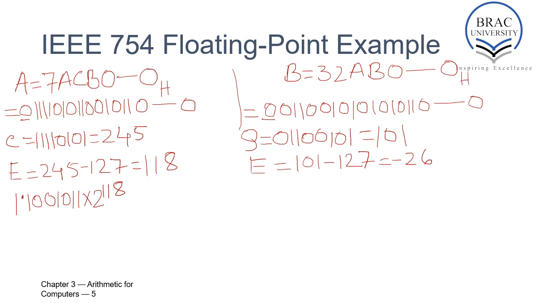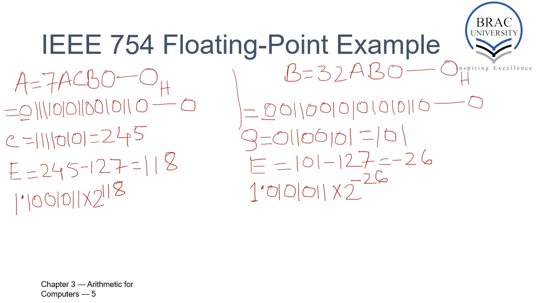So the normalized value of B would be 1.0101011 into 2 to the power minus 26. Now the condition for addition is that we need to have both exponents equal, but for A the exponent is 118, and for B the exponent is minus 26.